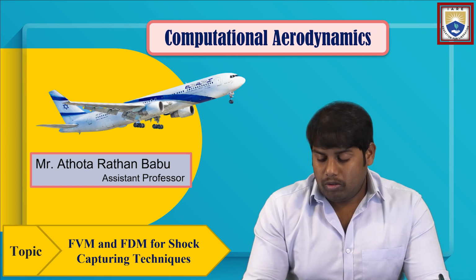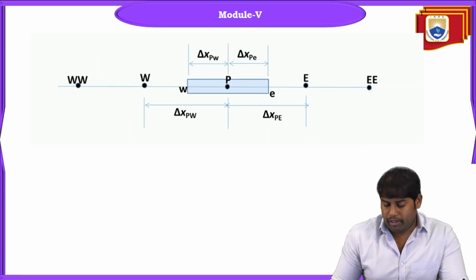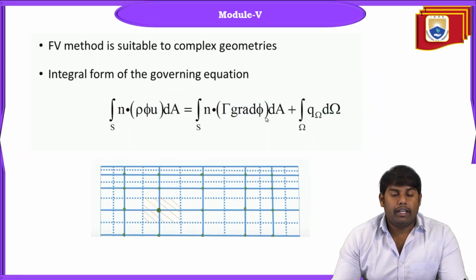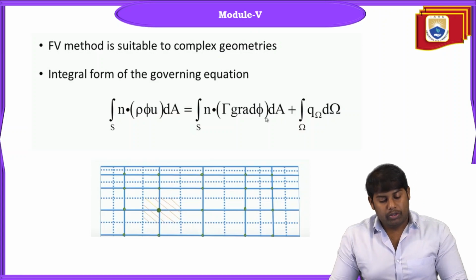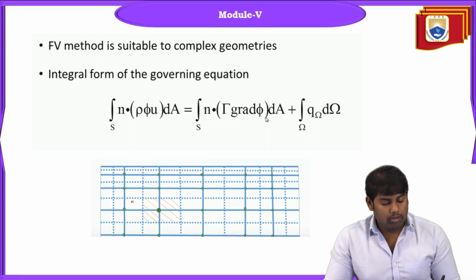To recall, we have seen that the finite volume method is applicable for complex geometry and the integral form of equations is used for the finite volume method. So here, if we take this grid phenomena, when we place a shock here, let's say this is a shock, fine.